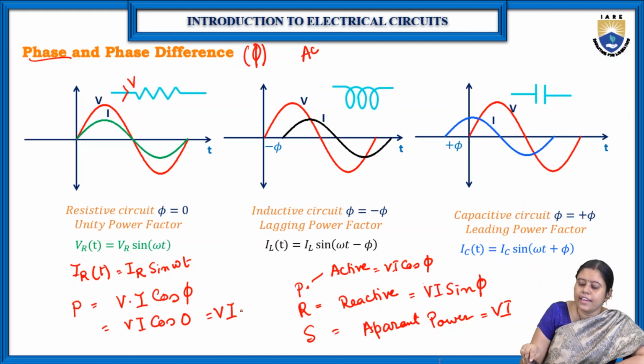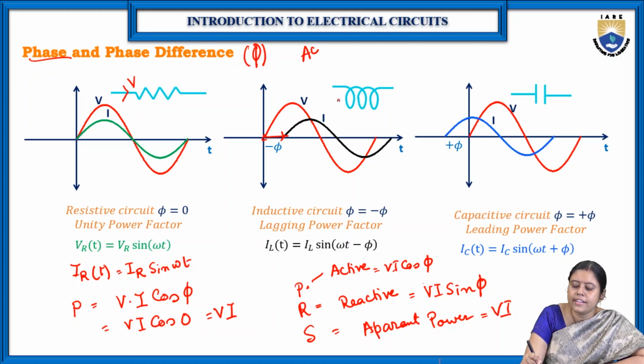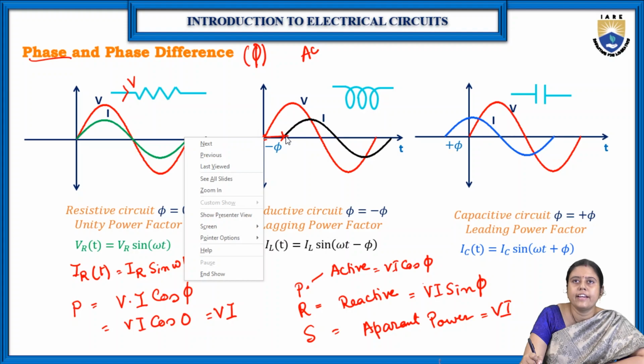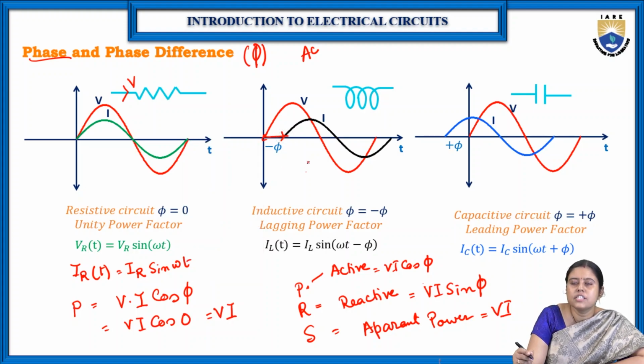Now if we think about the inductive load, what is happening in the inductive load? You can see the voltage and current. Current is lagging in this condition. Voltage has started before, but current has started after some angle. So this is called the lagging angle.